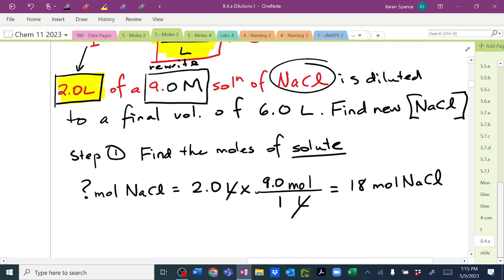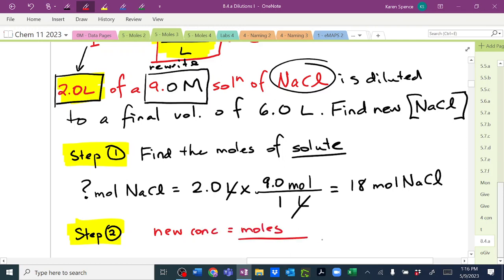Now we're not done our question because that was just step 1. Step 2, the new concentration is equal to the moles over the new volume.